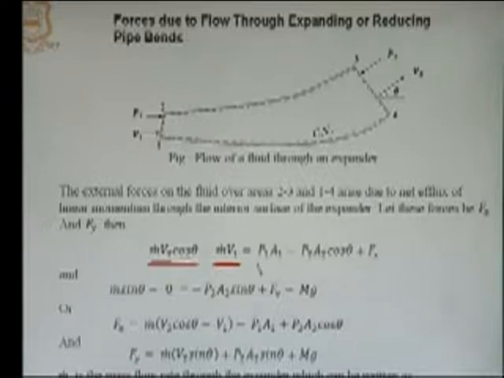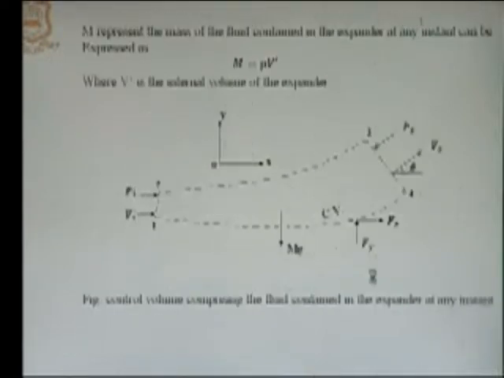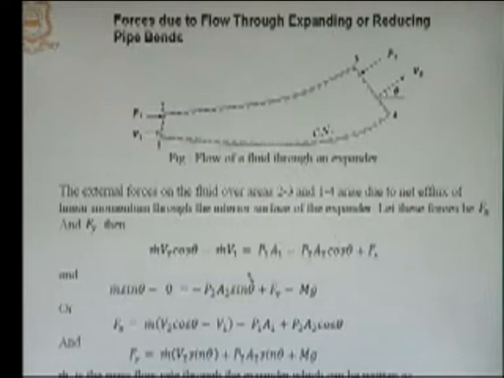So, let me again repeat this. These 3 are the forces in x direction on this control volume. First we have to select the control volume, then we have to find out the forces acting in x direction, due to the body force and surface force. After knowing these, the forces in x direction are equal to the rate of change of momentum of the system, but the rate of change of momentum of the system is equal to these 3 terms with the help of Reynolds transport theorem.